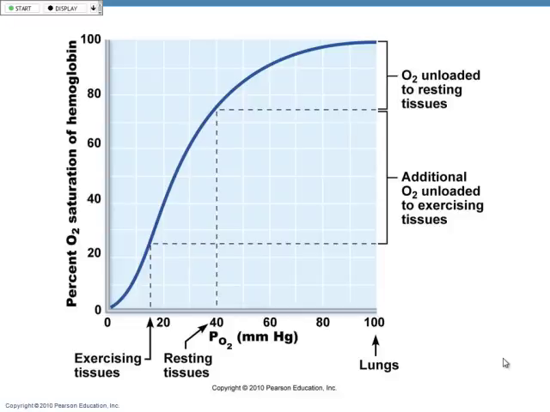During exercise, PO2 can drop as low as 15 millimeters of mercury, causing an additional 50% unloading and leaving the hemoglobin only 25% saturated. So different situations will give us different proportions of unloading. This curve will change slightly.